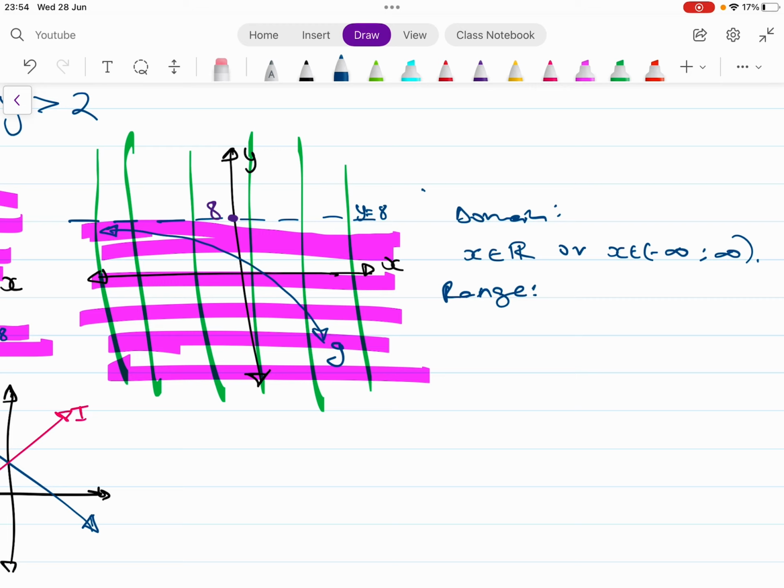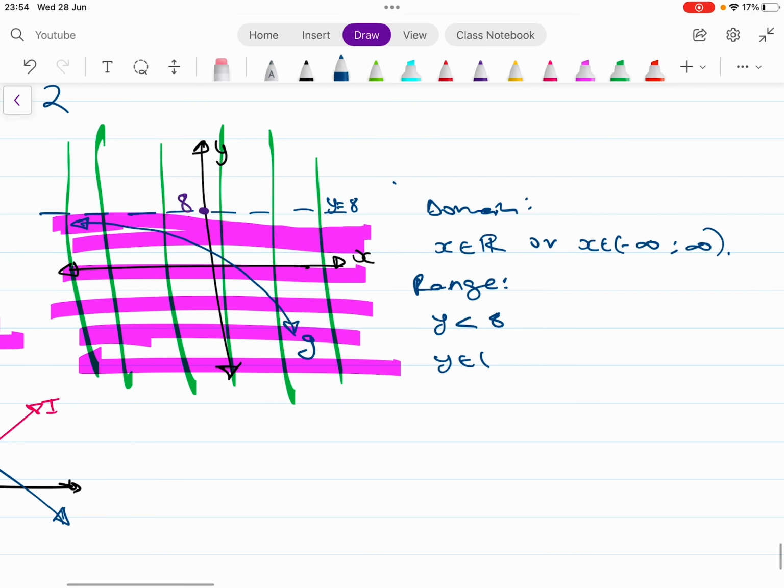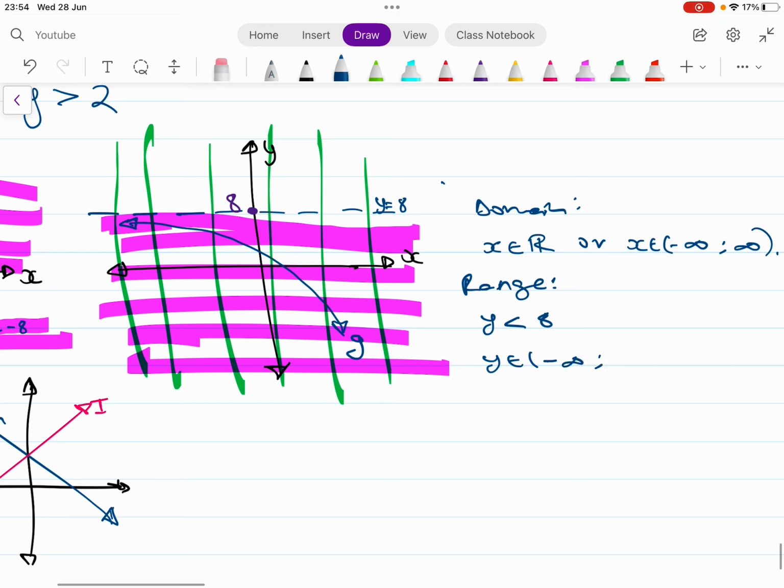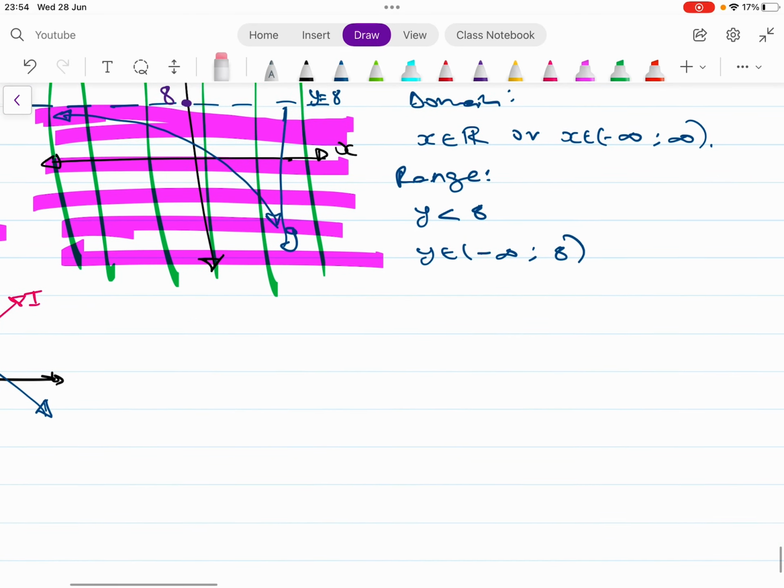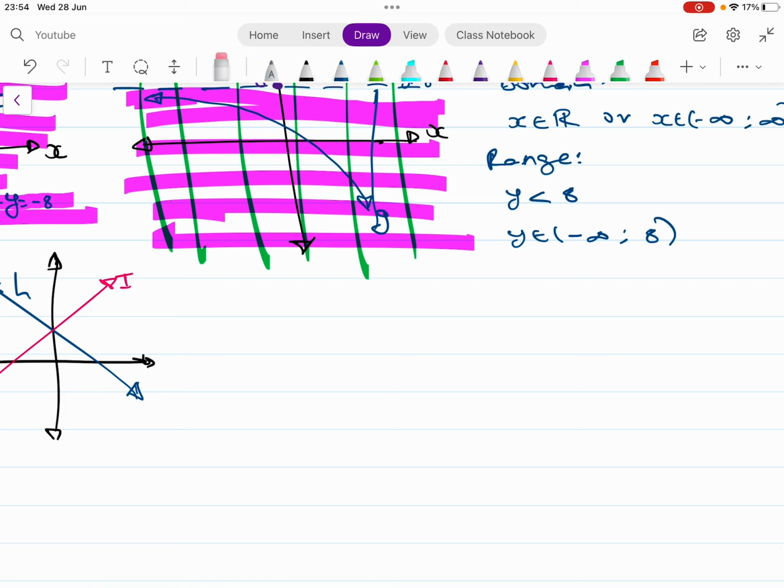So it's those y values that are below 8, that is y is less than 8, or you can write it as y is an element of from negative infinity, because you have to start with a smaller value, all the way to 8. You're starting from there going all the way to somewhere below 8, and you're using circular brackets to show that you're not including the 8. For the infinity sign, whether you include or exclude, that's not a topic for you to worry about.